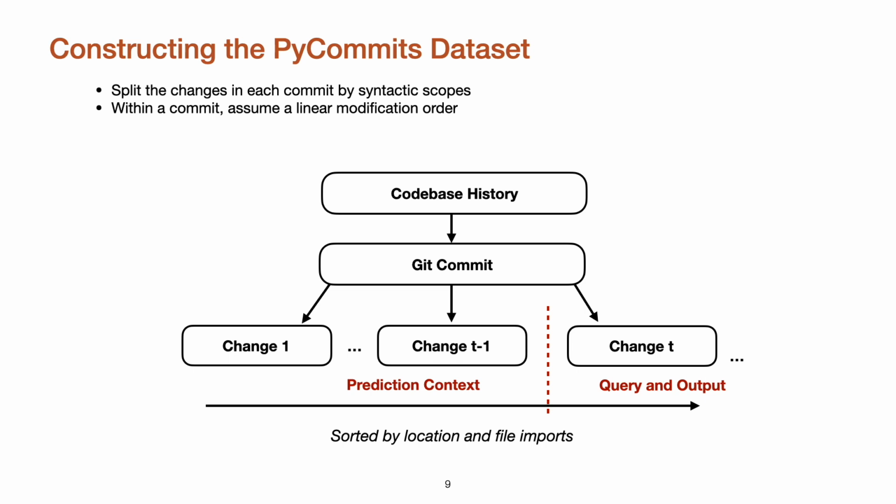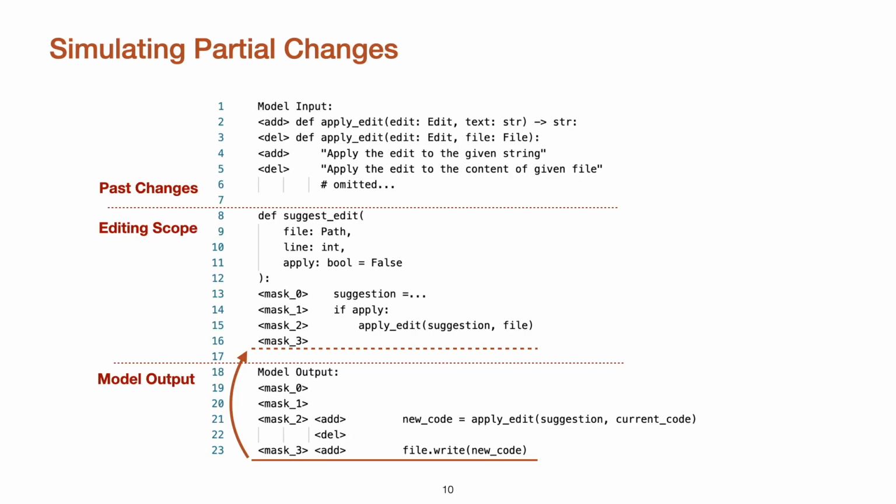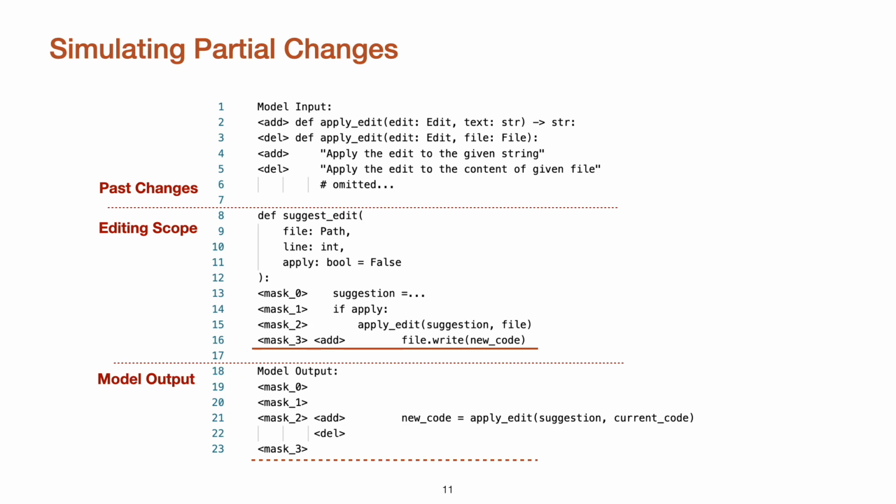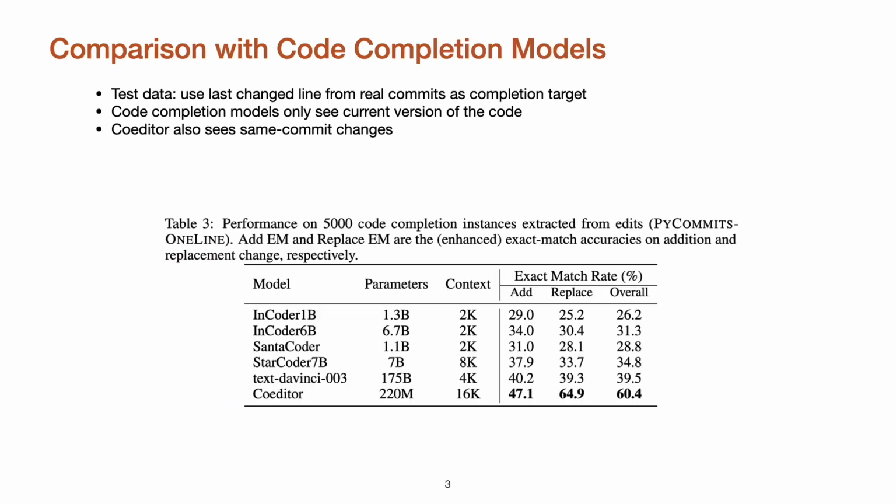We then teach the model to edit each modified syntactic scope conditioned on all previous changes. To mimic the situation where the user has already made some changes to the selected region, we also randomly move some line changes from the output into the input. This enables the iterative editing experience that you saw earlier in the demo video.